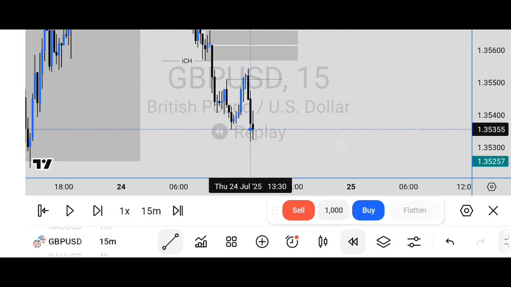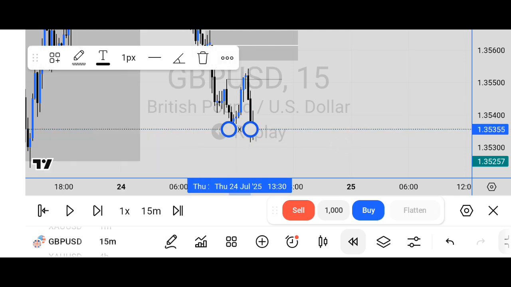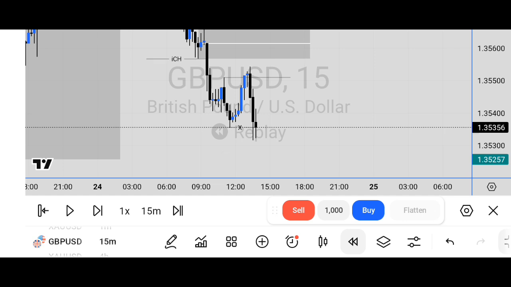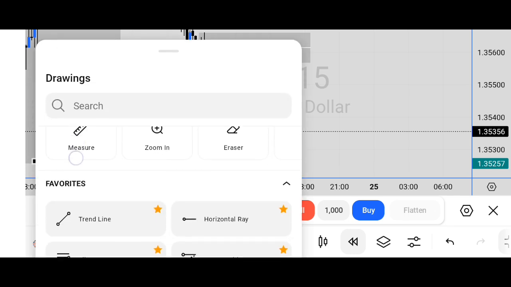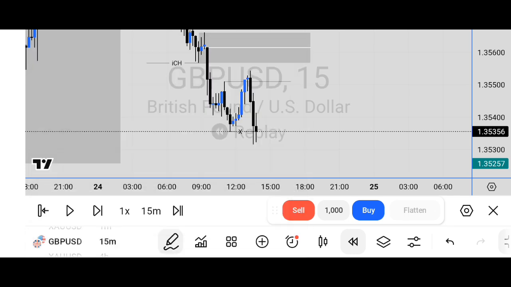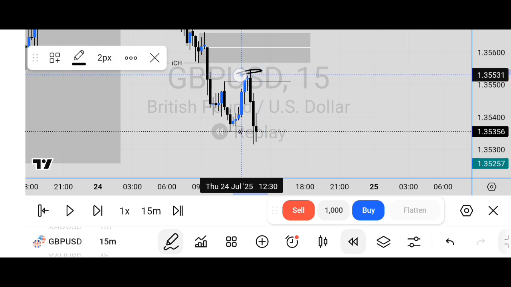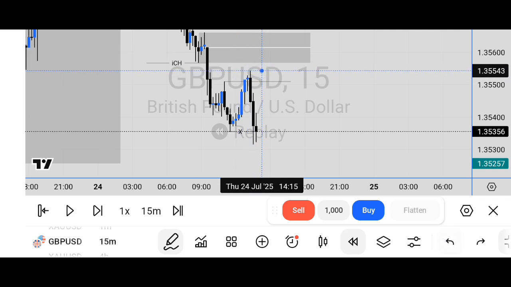Then it took out inducement here. We have a fake out right here. After it failed to close below, price is telling us that it still wants to make a deeper pullback, possibly taking out this high. So now let's play price forward and see.